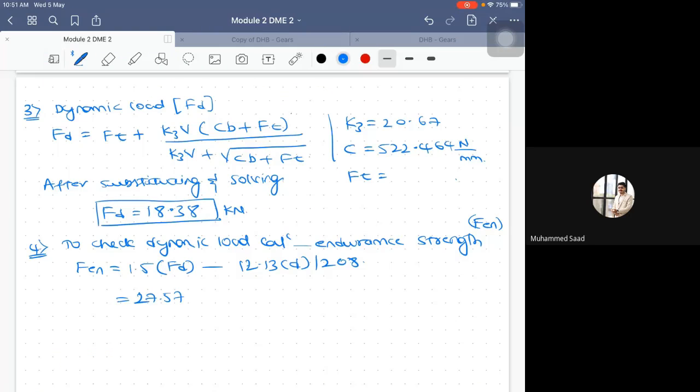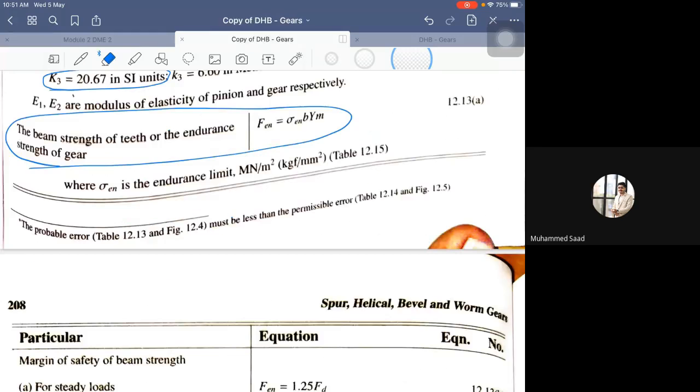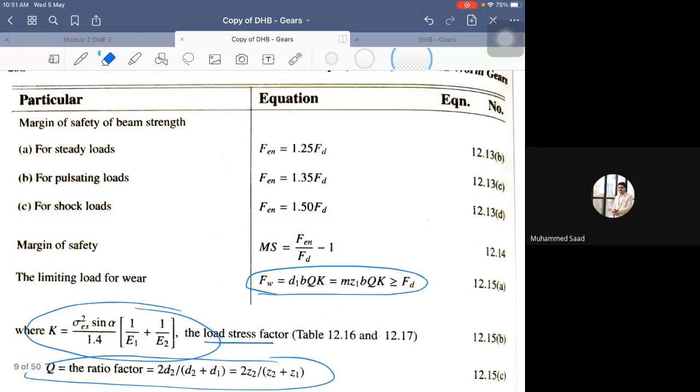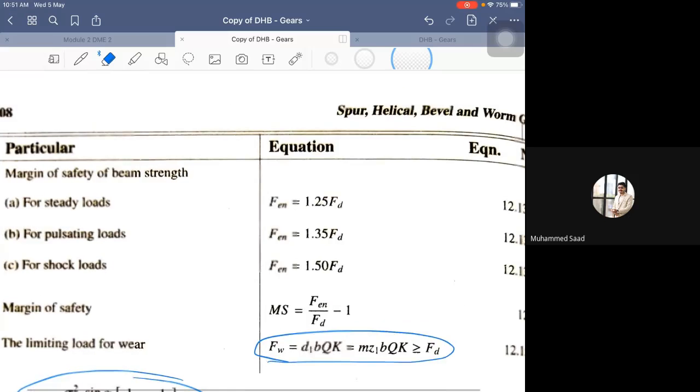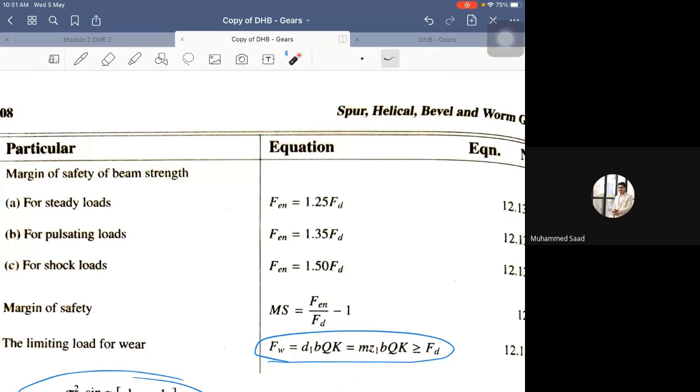Okay. There is no point in proving with empirical relations. If you see here, 1.25D for steady load and 1.35D for pulsating load. All these expressions are known as empirical relations. Empirical relations are like when we cook, we use 1 cup of rice to 2 cups of water.